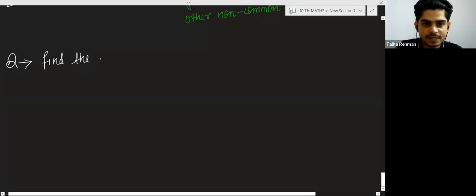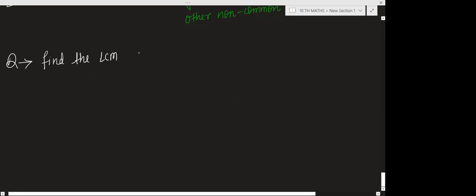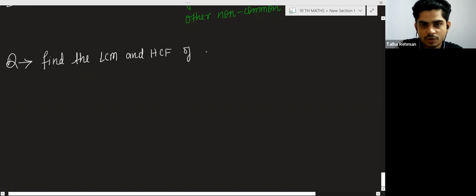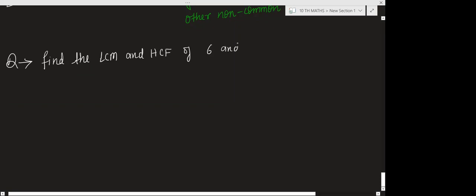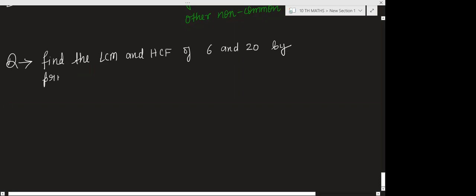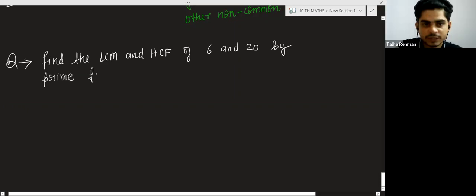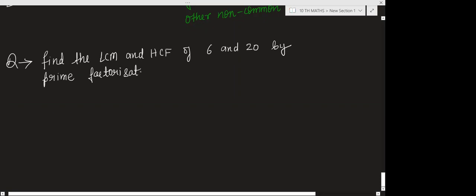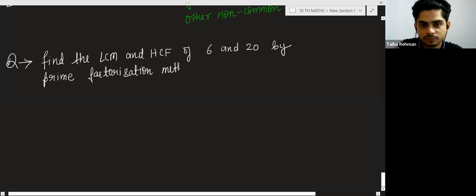Find the LCM and HCF of 6 and 20 by the prime factorization method.